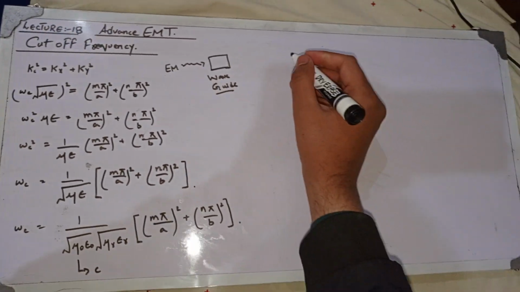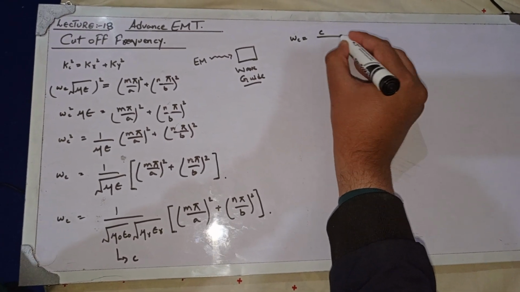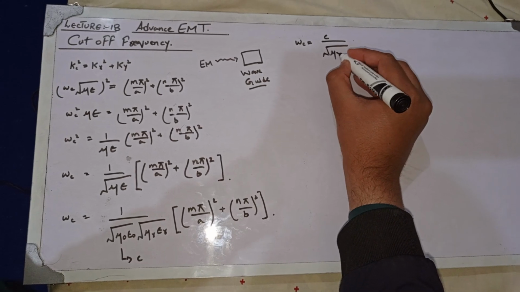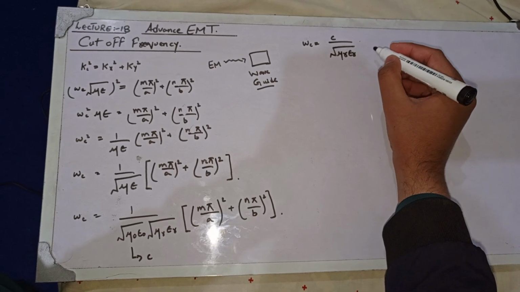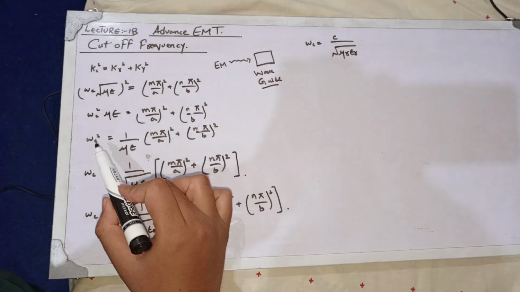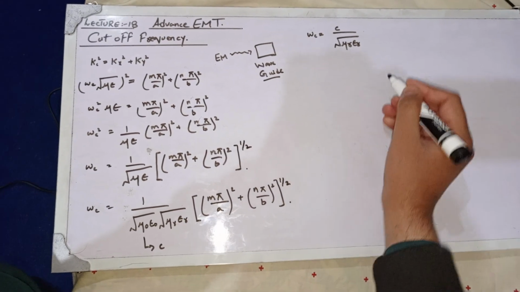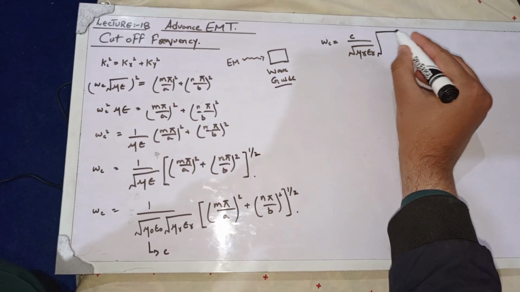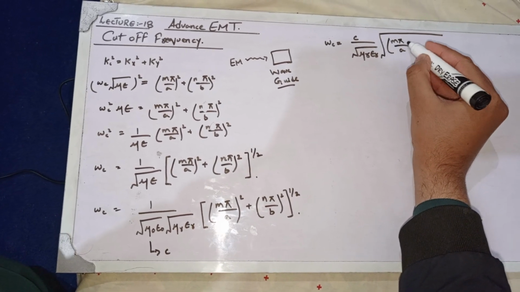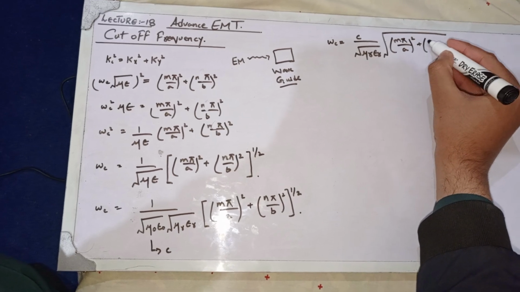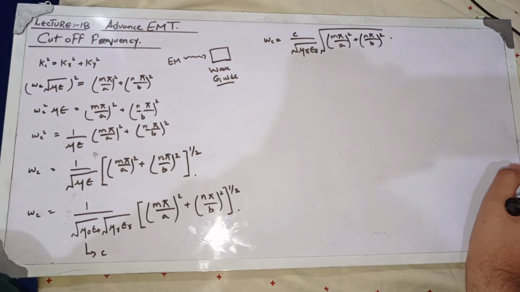So you can write omega c as c divided by under root mu r epsilon r, times the square root of (m pi by a) square plus (n pi by b) square. Understood?